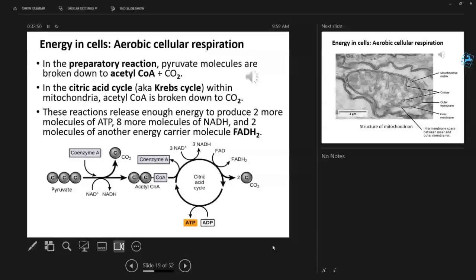This goes actually the next 3 steps. So the preparatory reaction. Here's that pyruvate that was made in the first step. It's broken down farther, removing a carbon atom and 2 oxygens from what was left in this pyruvate. And that becomes carbon dioxide. So this is part of the carbon dioxide that you're exhaling.